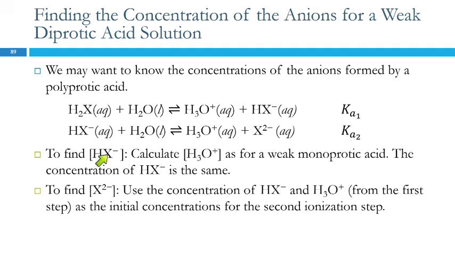So to find this concentration, we're going to just do an ice table with this and find out what the hydronium ion concentration is, and HX minus will be the same. To find X2 minus, we're going to have to take this number, and those are going to be the initial concentrations in our second ice table, which is just like what we did with sulfuric acid.